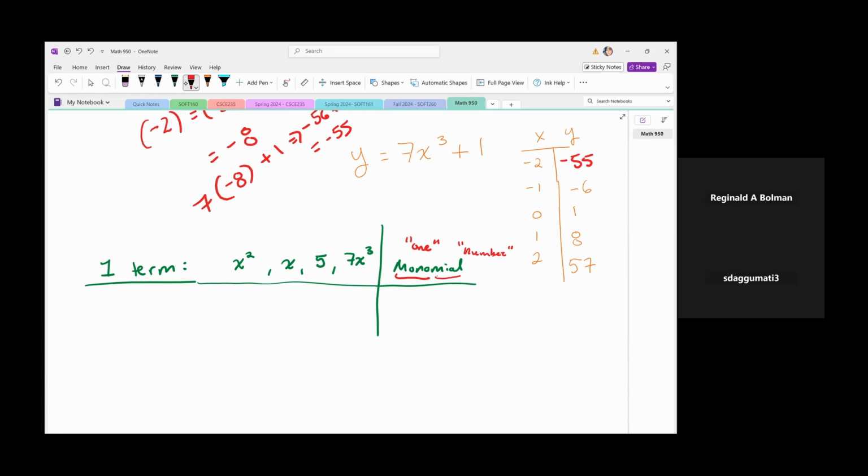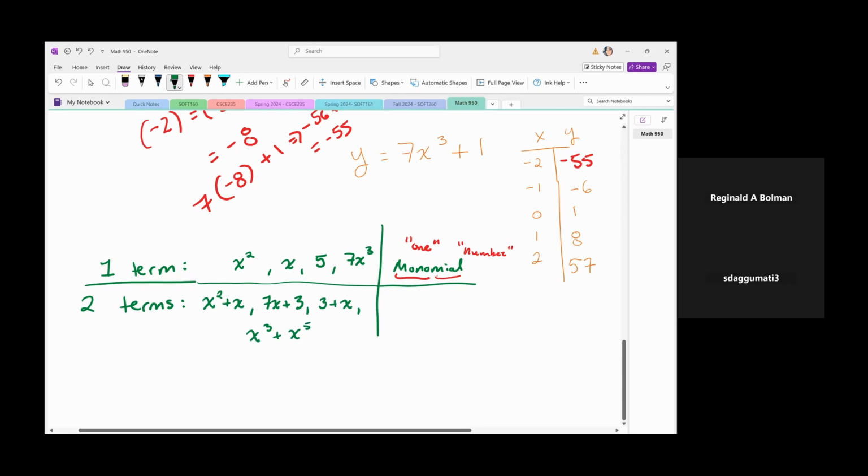Okay, if we have two terms, this would look like maybe an x squared plus x. Maybe this would look like a 7x plus 3. Maybe this would look like 3 plus x cubed plus x to the fifth, and so on and so forth.